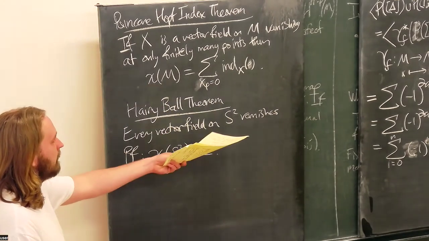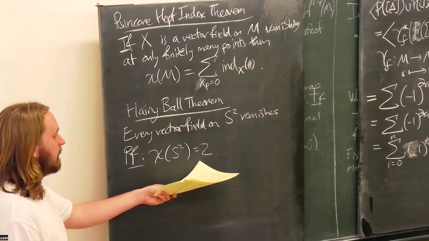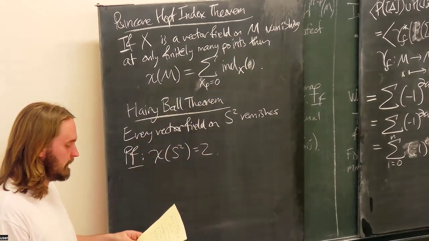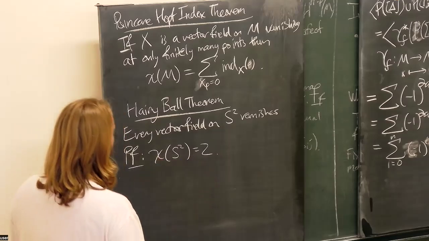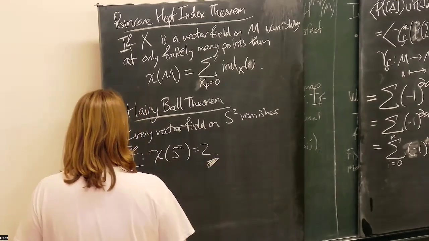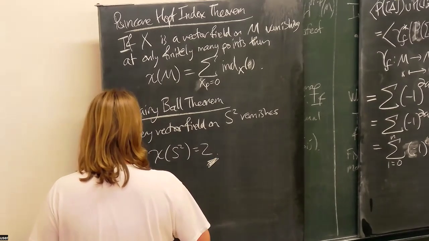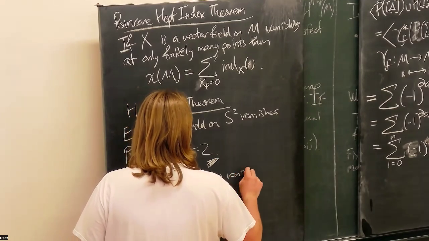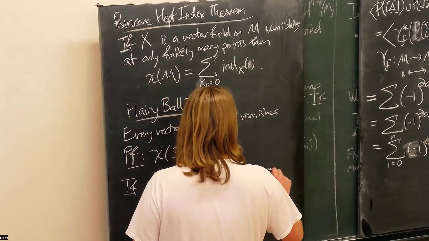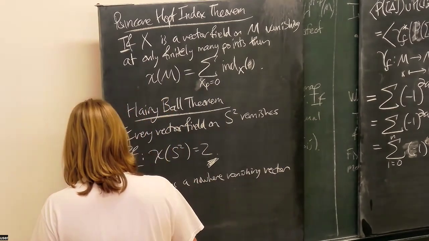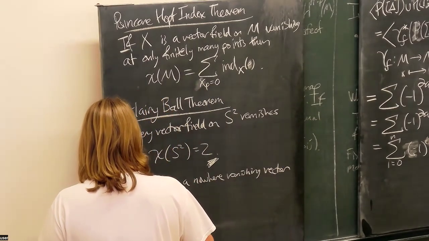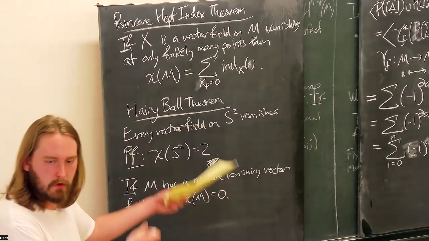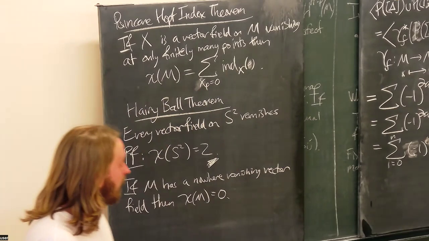So because you can take the vector field as this thing right here, so you put 2 in, that means there's something on the right hand side. And then you're done. And you can even generalize this further. If N has a nowhere vanishing vector field, then the Euler characteristic is zero. So this covers a lot of nice possible results.